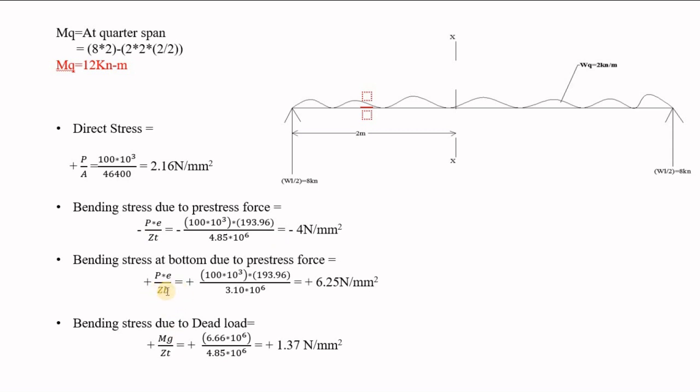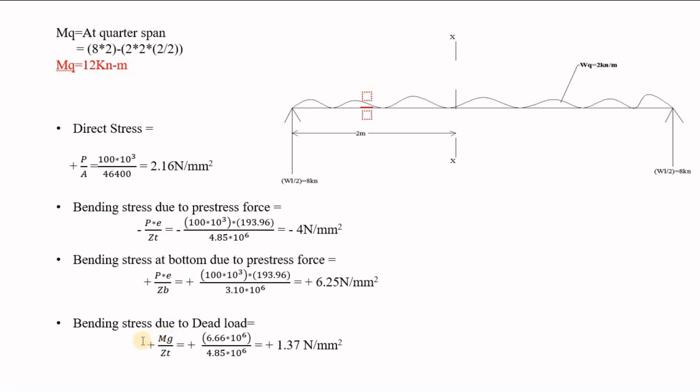Now for the bottom. Why is it positive for the bottom and negative here? At the top it is tension, so at the bottom it is compression. So it is plus here, it is negative here. So the value is 6.25 Newton per mm square.